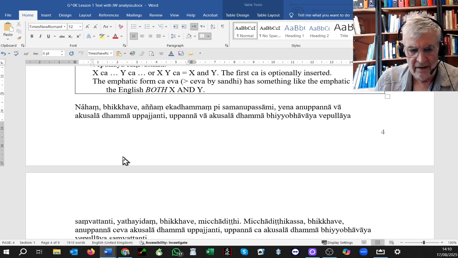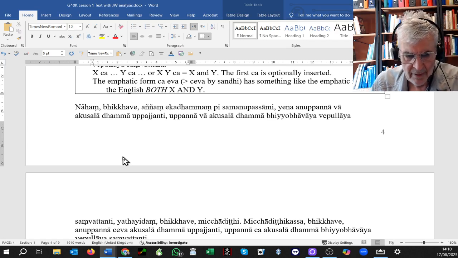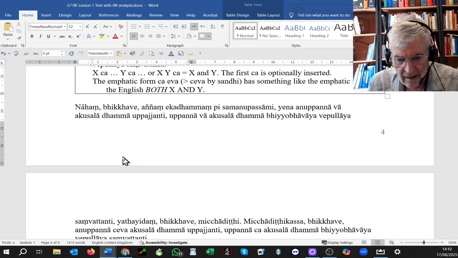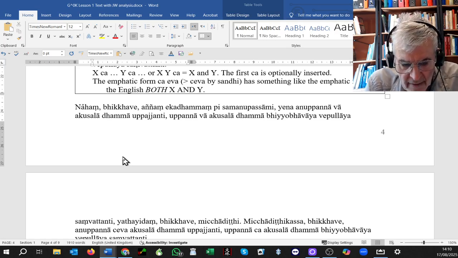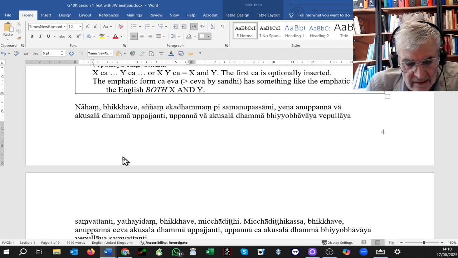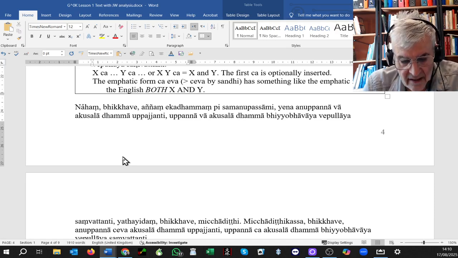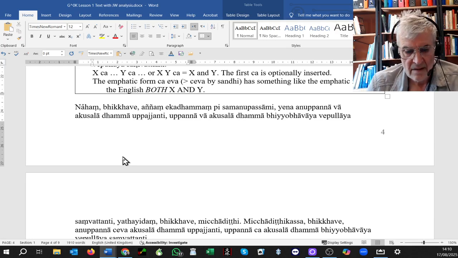Naham bhikkhave annam ekadhammampi samanupassami yena anuppannava akusala dhamma uppajjanti uppannava akusala dhamma bhiyyo bhavaya vepullaya samvattanti yathayidam bhikkhave micchaditthi. Micchaditthikassa bhikkhave anuppanna cheva akusala dhamma uppajjanti uppanna ca akusala dhamma bhiyyo bhavaya vepullaya samvattanti.